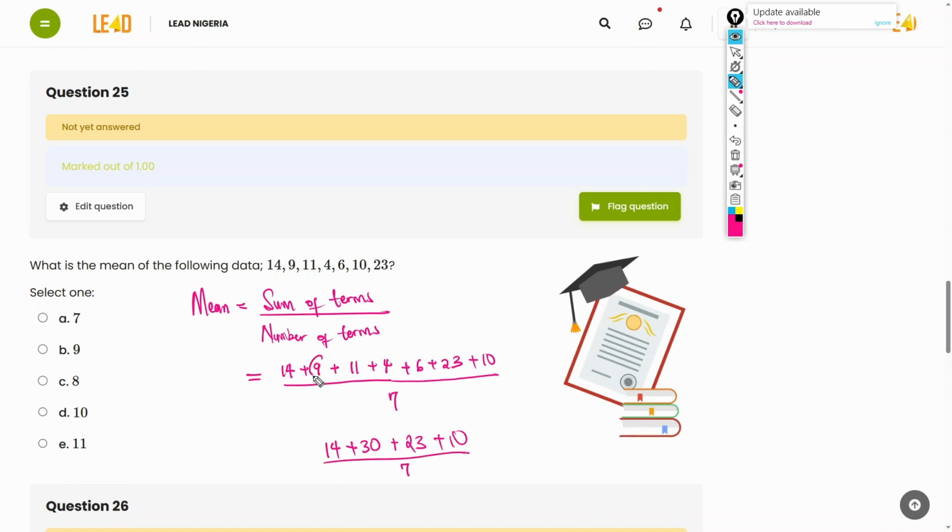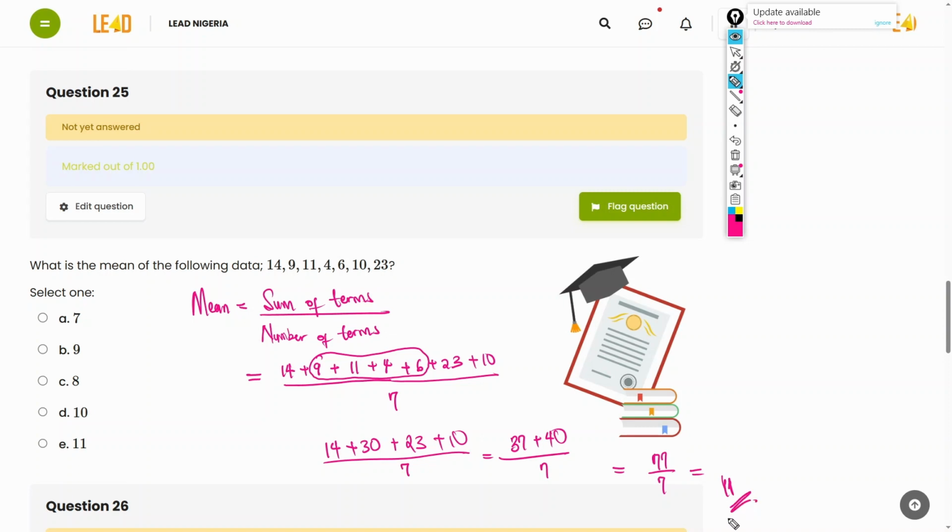Because all of this here gave me 30. All right, so 10 plus 30 is 40. And then 14 plus 23 is 37. So 37 plus 40 over 7, which my final answer would be 77 over 7, which gives me 11 rather. So the mean is 11.